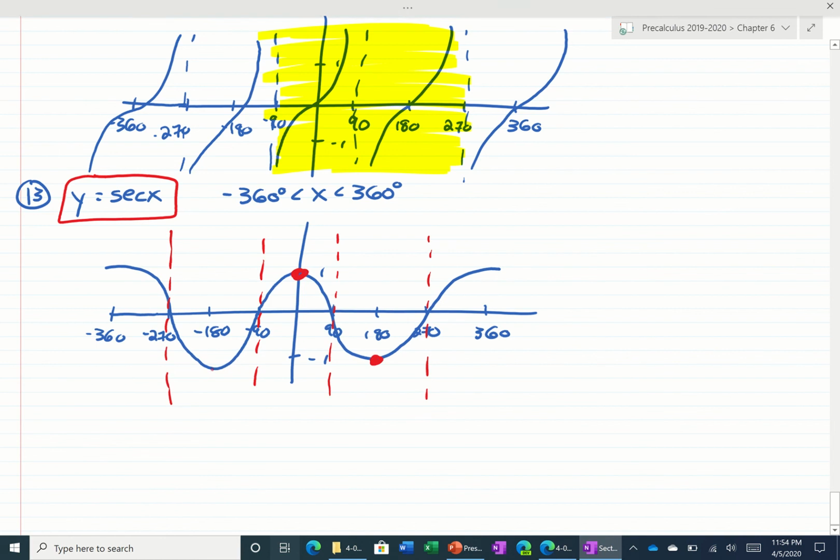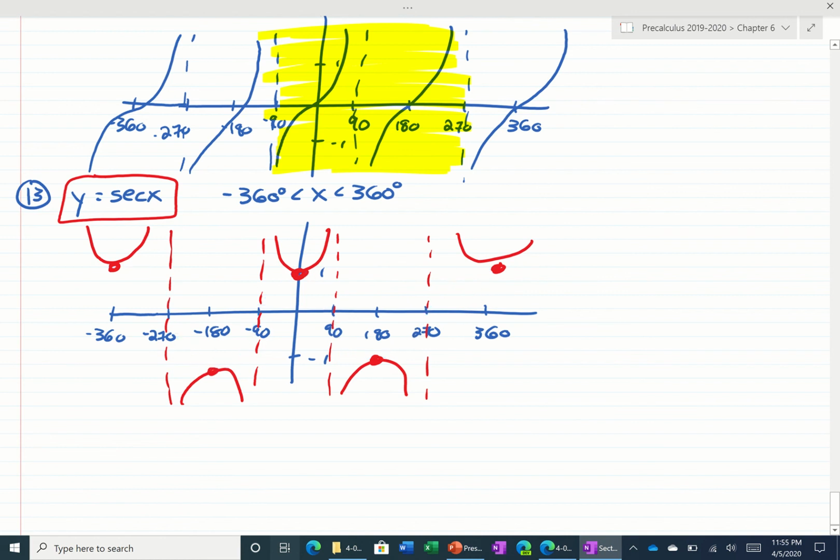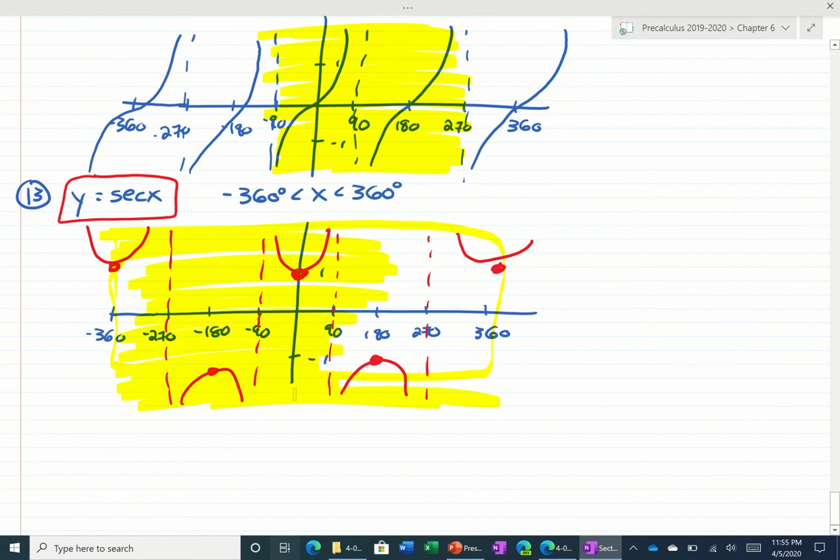And then at negative 1, secant would be negative 1. At 1, it would be 1. Secant would look like alternating parabolas. Actually, you don't need the graph of cosine here. That's what the graph of secant would look like, and that's how you get it. It wants to know from negative 360 to 360, and this is exactly what the answers look like on your answer sheet.